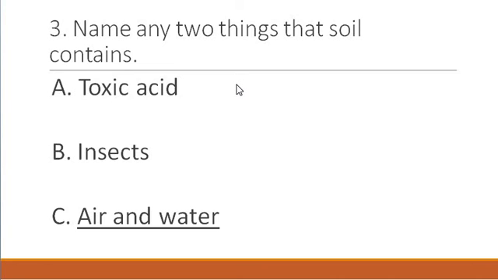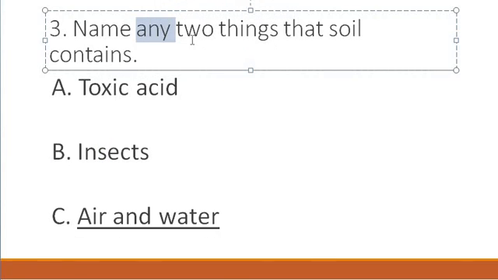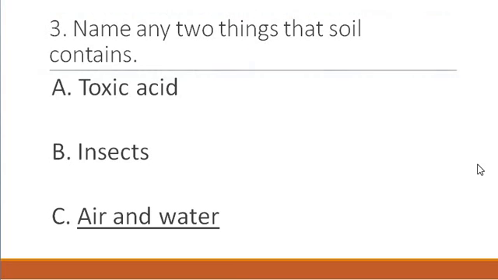Then you just start guessing the answer, and here there is no chance of it being option B, because in option B only one word is there, and here I have asked for any two things, correct? So you have to select the answer with two things only, not less than that.